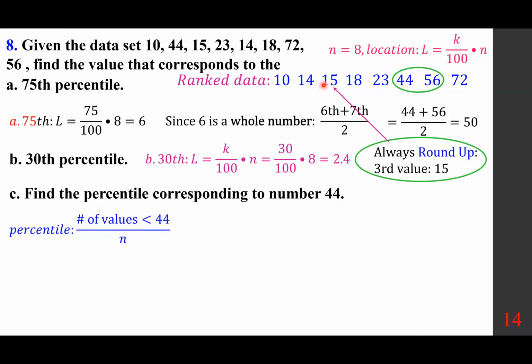So less than 44, we have 1, 2, 3, 4, 5 of them. 5 over 8. That's the answer. Change it to a decimal and then percentage. So 5 over 8 is the answer, but we want it in a percentile format. This becomes 0.625, and normally we go with 2, so P63. This one we rounded accordingly.